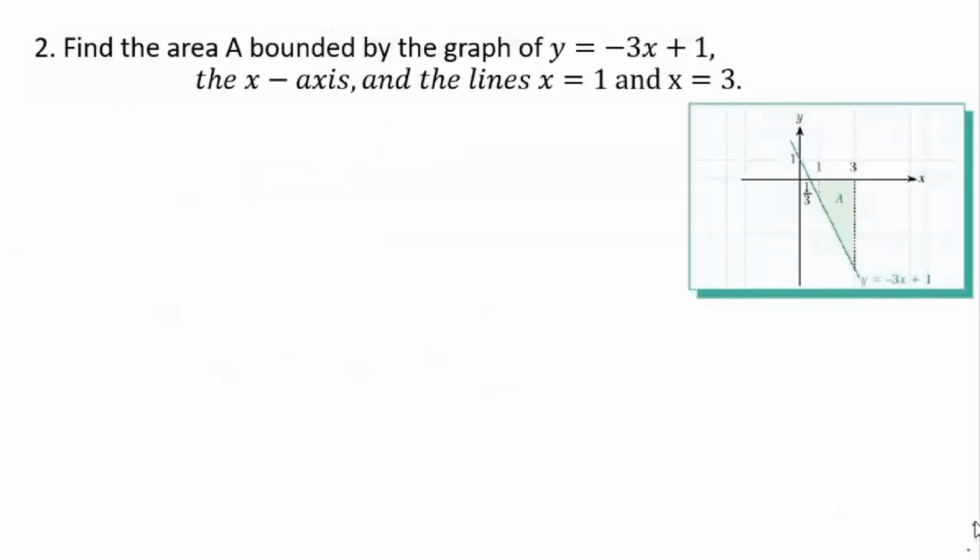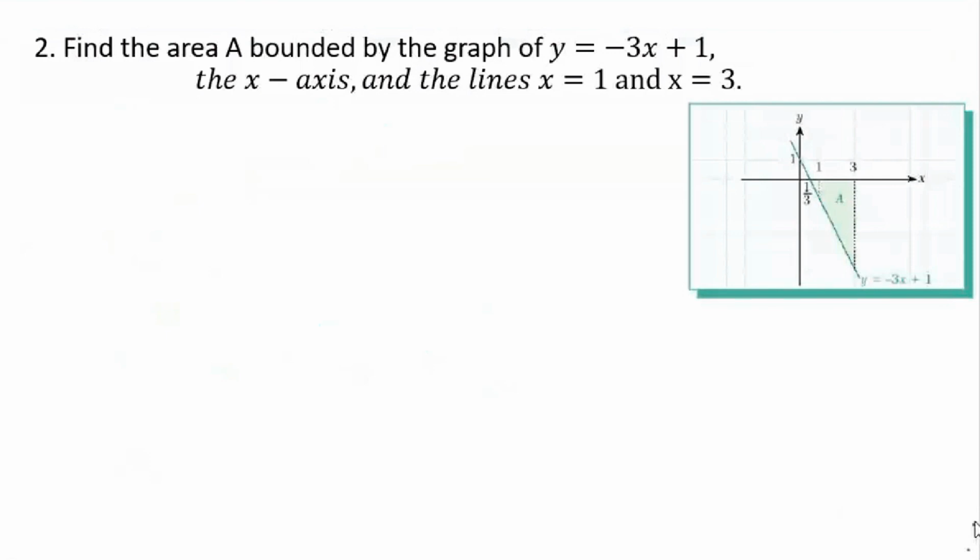Number 2, find the area A bounded by the graph of y equals negative 3x plus 1, the x-axis, and the lines x equals 1 and x equals 3. If we graph this equation, the line y equals negative 3x plus 1 will be below the x-axis.